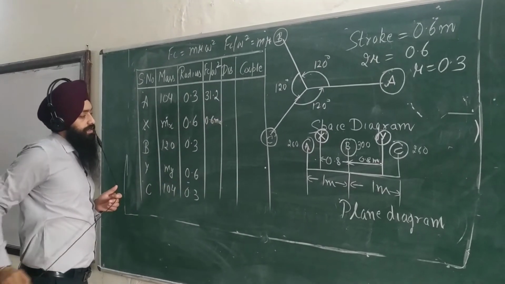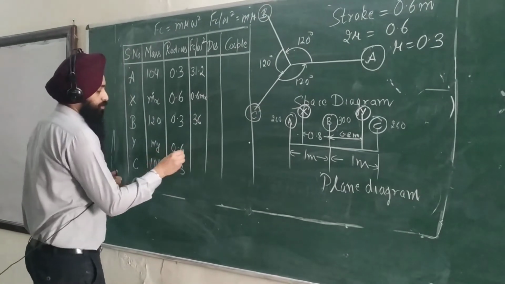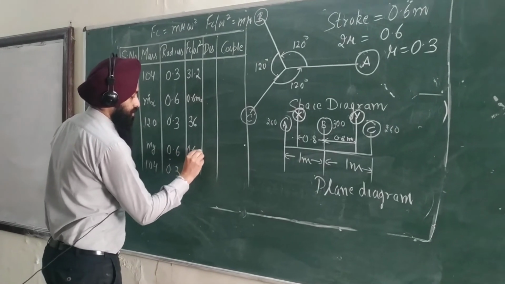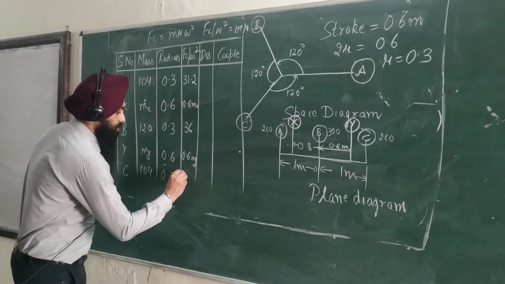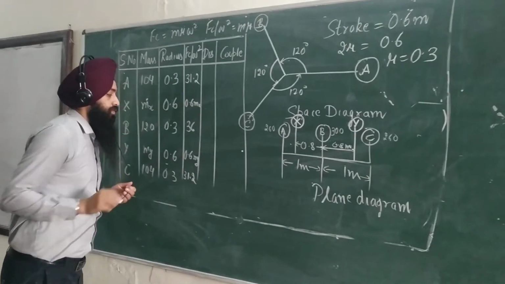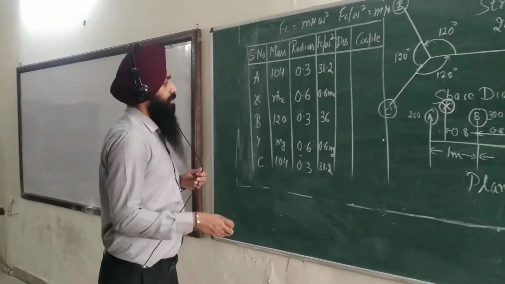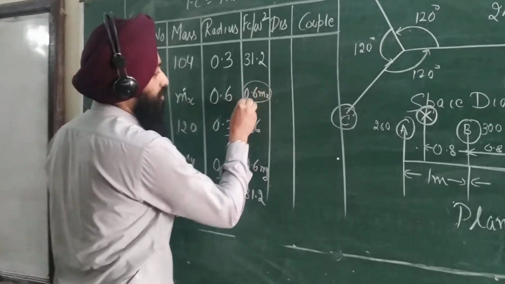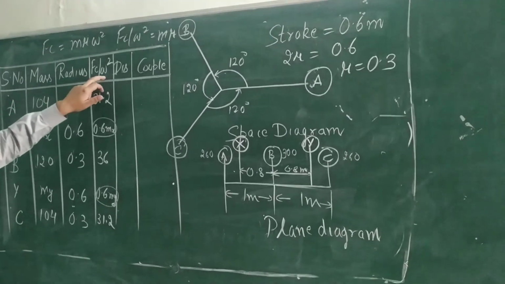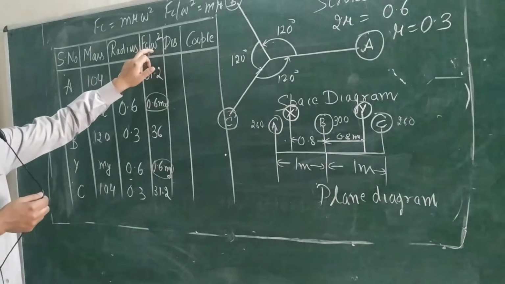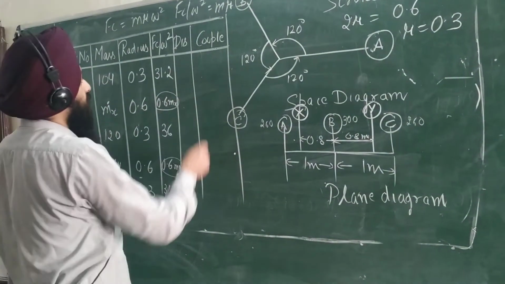Then 120 into 0.3 is 36. Then 0.6 into my, and 104 into 0.3 is 31.2. How many variables are there? There are 2 unknown variables, mx and my. So we cannot start with the force polygon. We have to draw the couple polygon also.